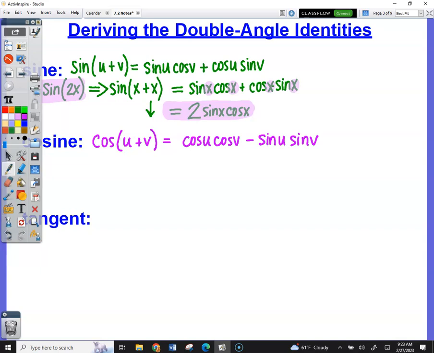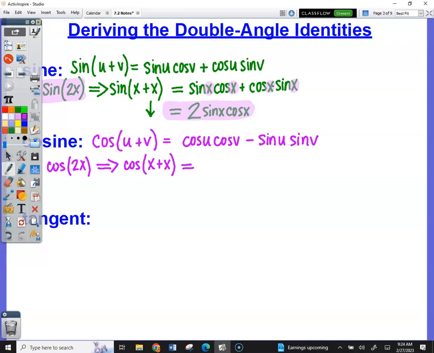Alright, so that's the 7-1 formula. Okay, so if we have the cosine of the double angle, it would look like this. It would say cosine of 2x. Now I want to rewrite 2x as x plus x.